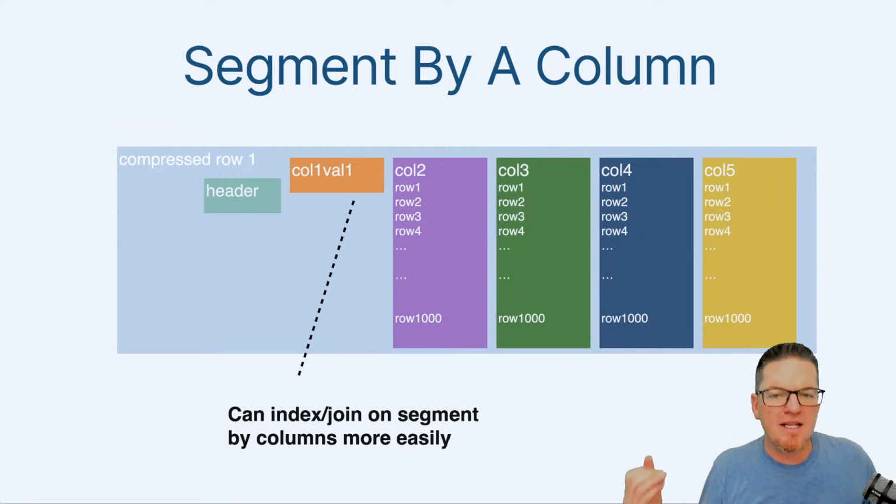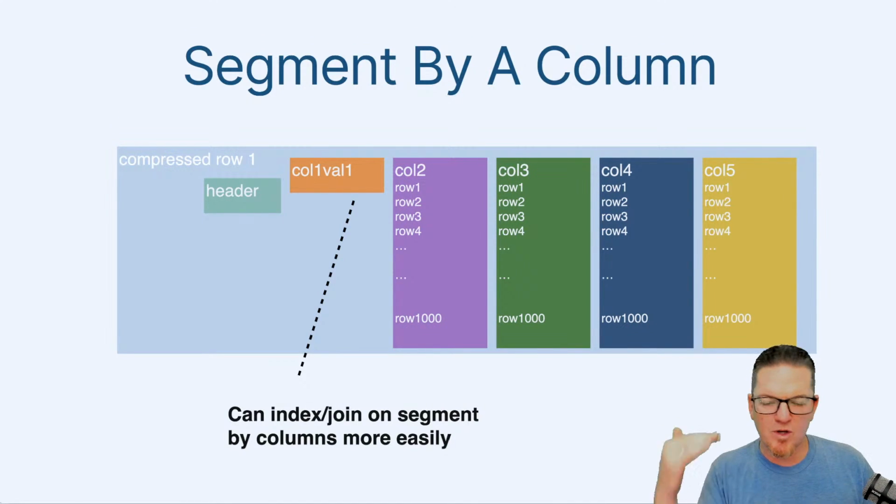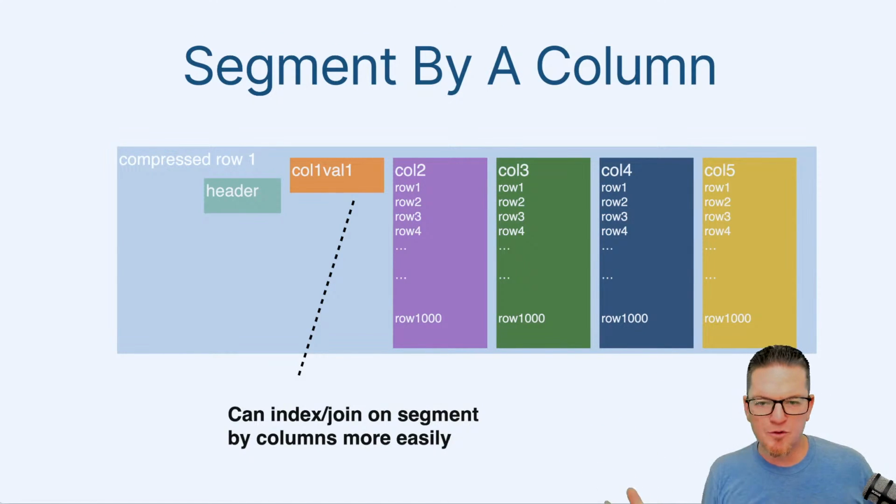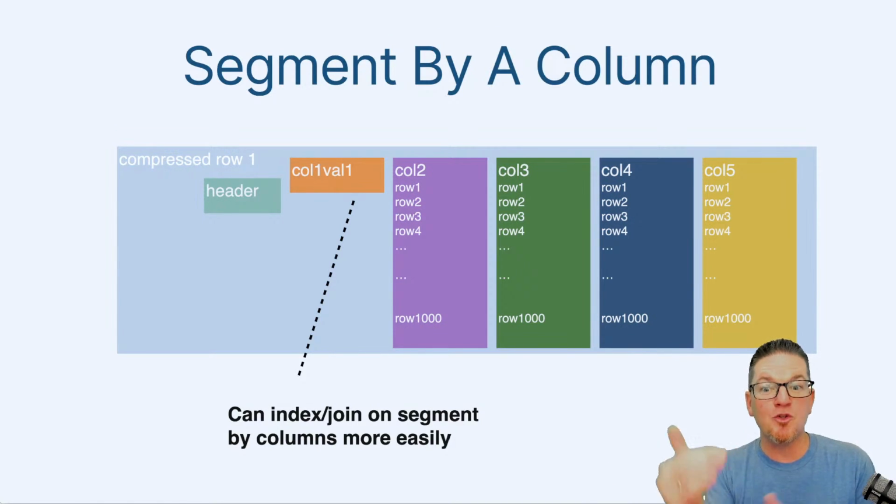So let's say you're tracking sensors, sensor 1, 2, 3, 4. If you segment by sensor ID, you will now have a row specifically for sensor ID 1, however many rows fit within that compressed table. If you have 2,000 readings in that compressed chunk, you would end up, in theory, with 2 rows with 1,000 readings each for sensor 1.